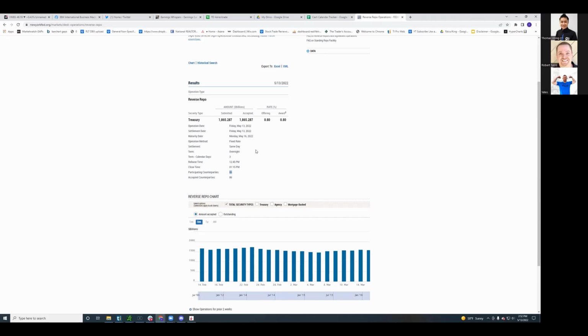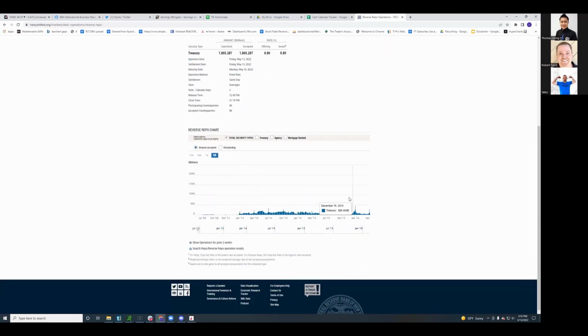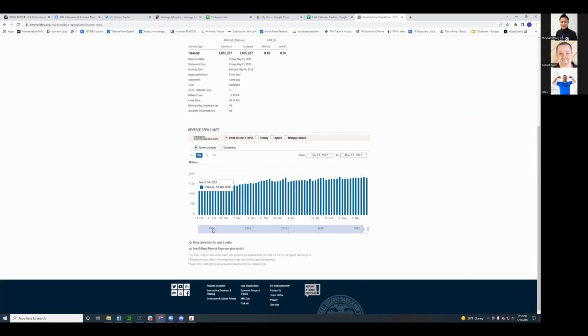There's a number of reasons people are speculating why this reverse repo rate is so high. But one of those was just the sheer amount of excess cash in the system. People are putting that into money market funds, and those money market funds also have to achieve a small rate of return. How do they do that? Usually through treasuries, so overnight repo is one way.